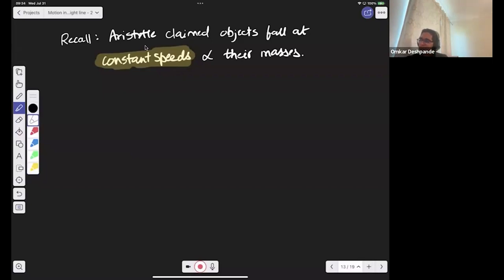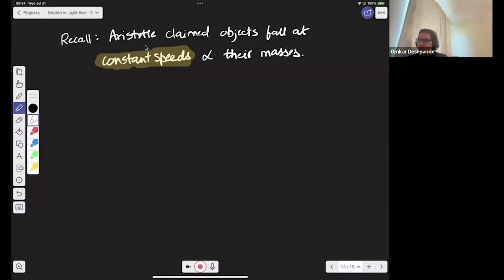Because think about it: if an object is falling at a constant speed, then if you jump off from a table and if you jump off from a high cliff, you should land on the ground at the same speed. But you wouldn't feel afraid of jumping off a table, but nobody in their right mind would jump off a tall cliff because you would get very badly hurt, if not killed.